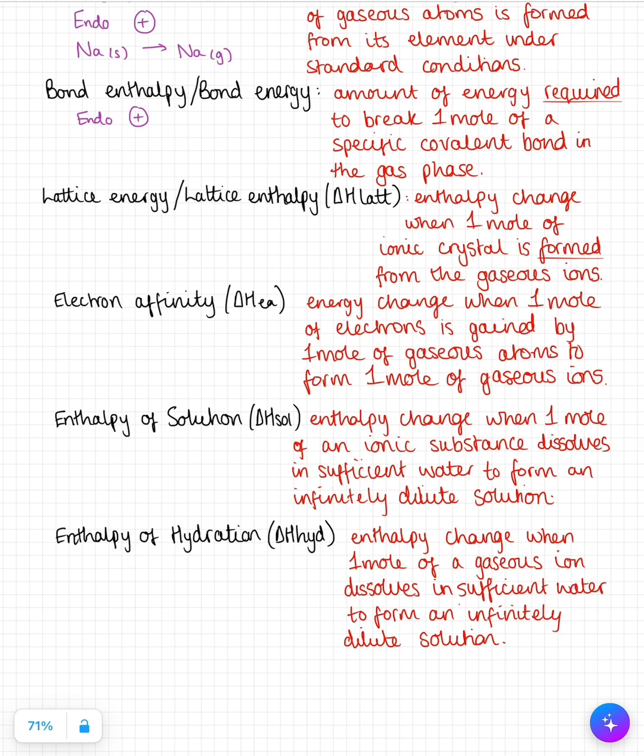And it's the energy required to break 1 mole of a specific covalent bond in the gas phase. So for example, if we have 1 mole of H-H in our H2, what we are doing there is breaking 1 mole of the bond between H and H atoms.